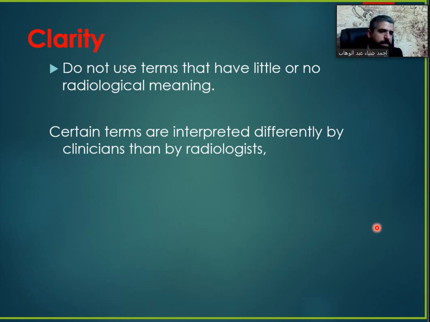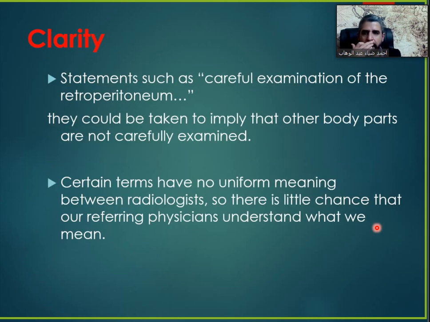Fluid collection, which may be sterile or infected, means it can be abscess or not. Now, statements such as careful examination of the retroperitoneum, don't use them. They could be taken to imply that other body parts are not carefully examined. So don't use these sentences.